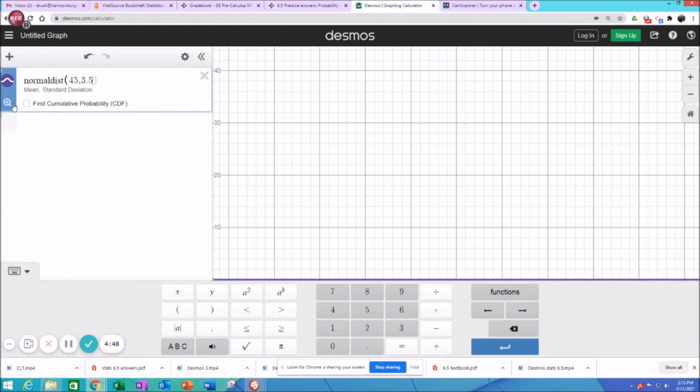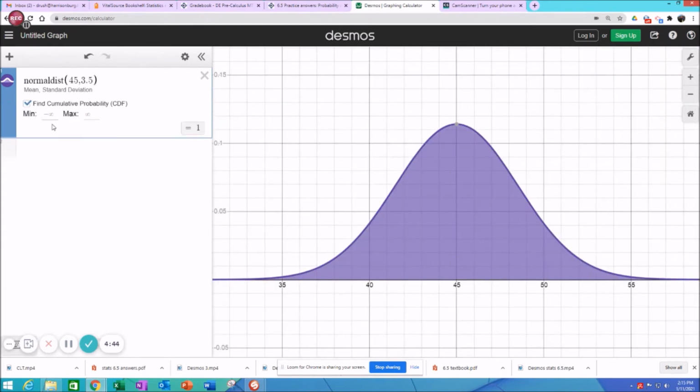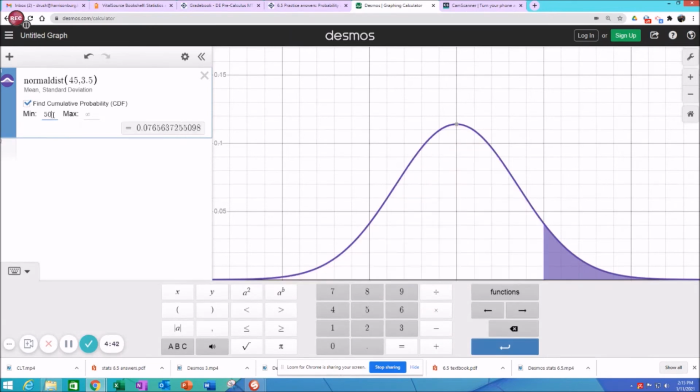So there's our distribution, and we want to know 50 or more. What's the probability of 50 to infinity? It comes out to 0.076566. So about 7%, almost 8% of the time, if I take 100 students, their average is going to be over 50 text messages.